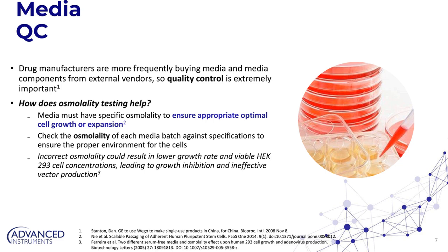How far out of that range can we get? There's some literature supporting the fact that obviously you don't want to go too high. That's going to potentially compromise your cells. But at higher osmolalities, there is the potential to, if it's desirable, lower the growth of your cells but increase productivity.